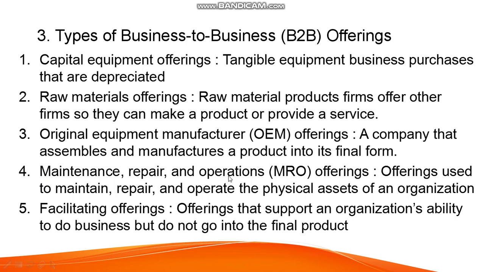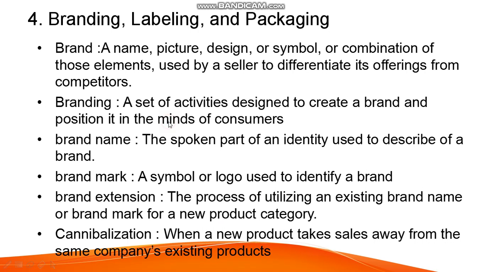Number 4, maintenance, repair, and operation or MRO offering, is offerings used to maintain, repair, and operate the physical assets of the organization. Number 5, facilitating offering, means offering that supports an organization's ability to do business but does not go into the final product.